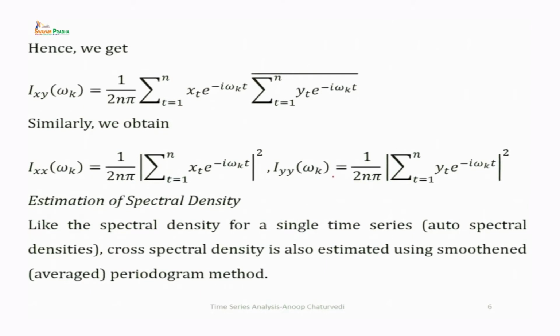Similarly, I y y omega_k is equal to 1 upon 2 n pi mod of summation t y_t e to the power minus i omega_k t whole square. So, you got these expressions for the periodograms of series x, series y, and the coperiodogram for x y.